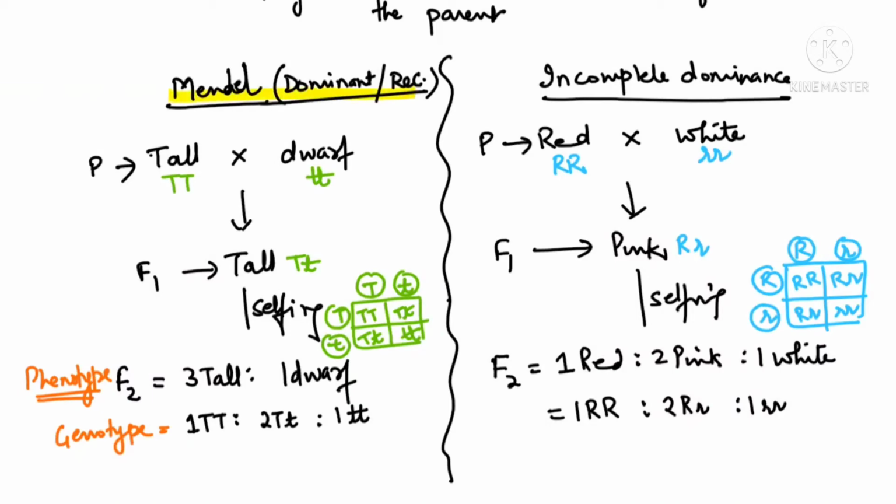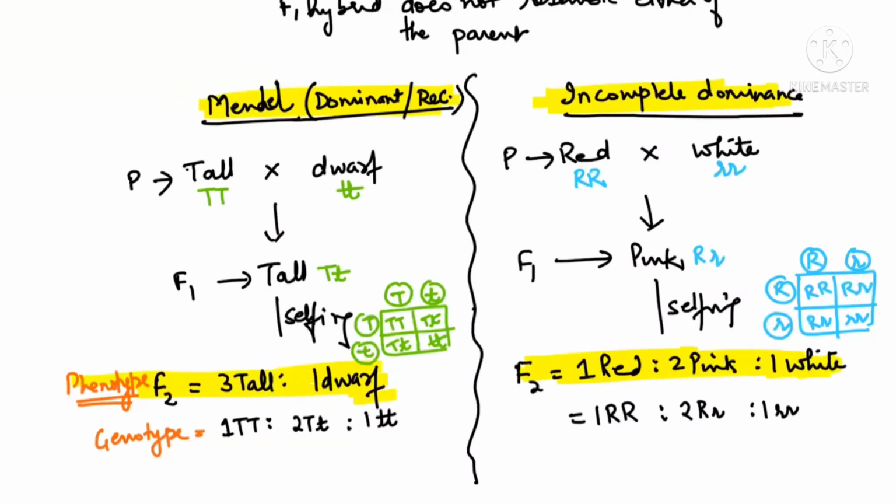According to the Mendel dominant recessive relationship, we find the phenotype ratio is 3:1. Clear, beta? But according to incomplete dominance, the phenotype ratio is 1:2:1. So your phenotype ratio is modified from 3:1 to 1:2:1.